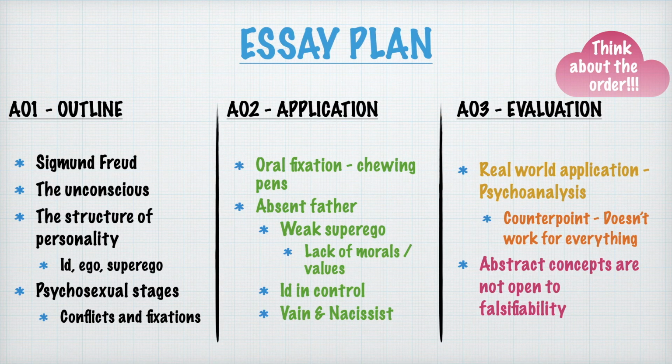Okay, so that means that his id wouldn't be kept in check and would result in selfish and narcissistic behavior. Okay, because the id gets more control over the ego, and the id is an inherently selfish entity. Okay, so that would result in that selfish behavior that we're seeing in the scenario.